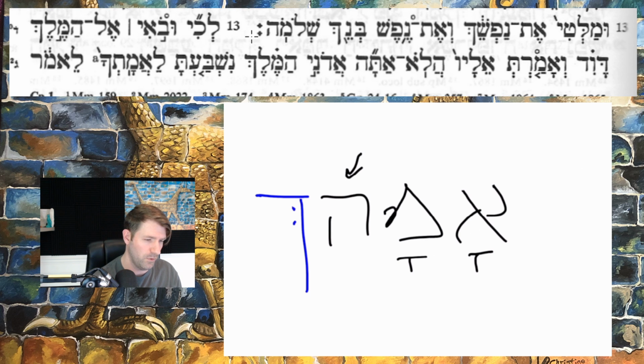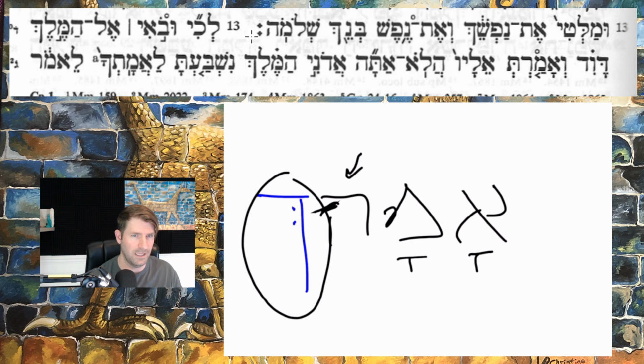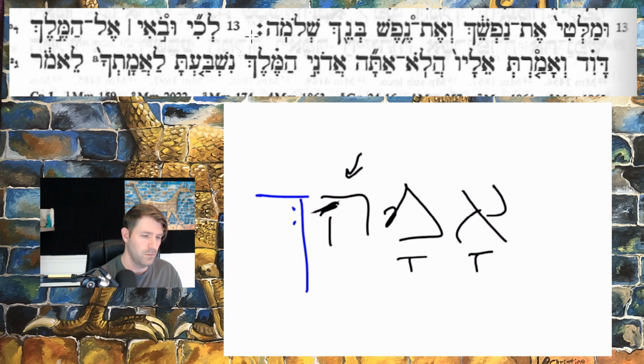I mean, look at it. Big gap right here. You hang this object suffix on it and it's just going to collapse, right? So what did they do? Well, as a good engineer would, they strengthen the hey. They fill in that gap, and then they put a little foot on it. So they turn it into a tav. Tav is much stronger. See it there? It's got a strong, solid line there. It's got that little foot on it. So it can really hold the weight of that kaf.